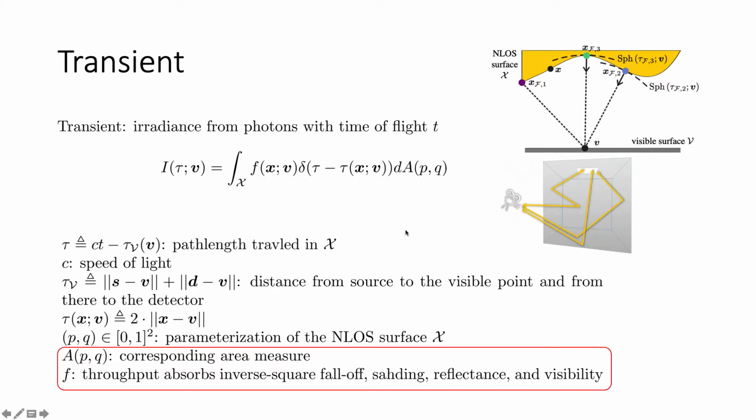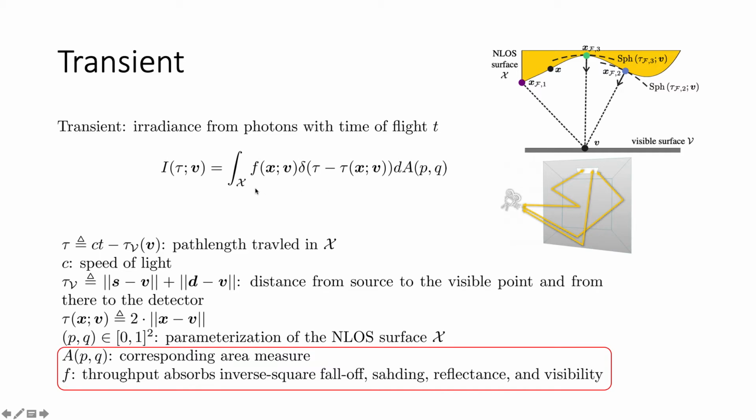We'll consider a transient imaging system. The detector records the transient I, equal to the irradiance from photons with time of flight t. Its formulation is a path integral formulation of light transport, which integrates all light transport paths in the scene.